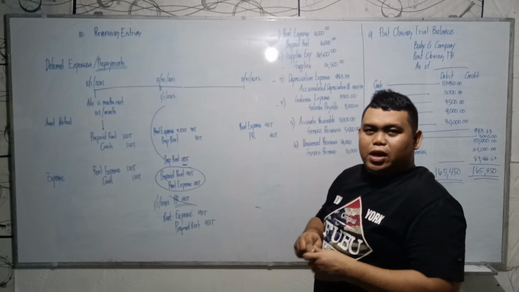And again, the pattern is expense first, everything, and then the unexpired will be adjusted at year end. Okay? And if there is no reversing entry, and this happens, your expense method on the next year will be converted into asset method. So you are already contradicting your policy if the company is choosing to use expense method. Okay? So that is also the same with the deferred revenues. But still, I will discuss this.